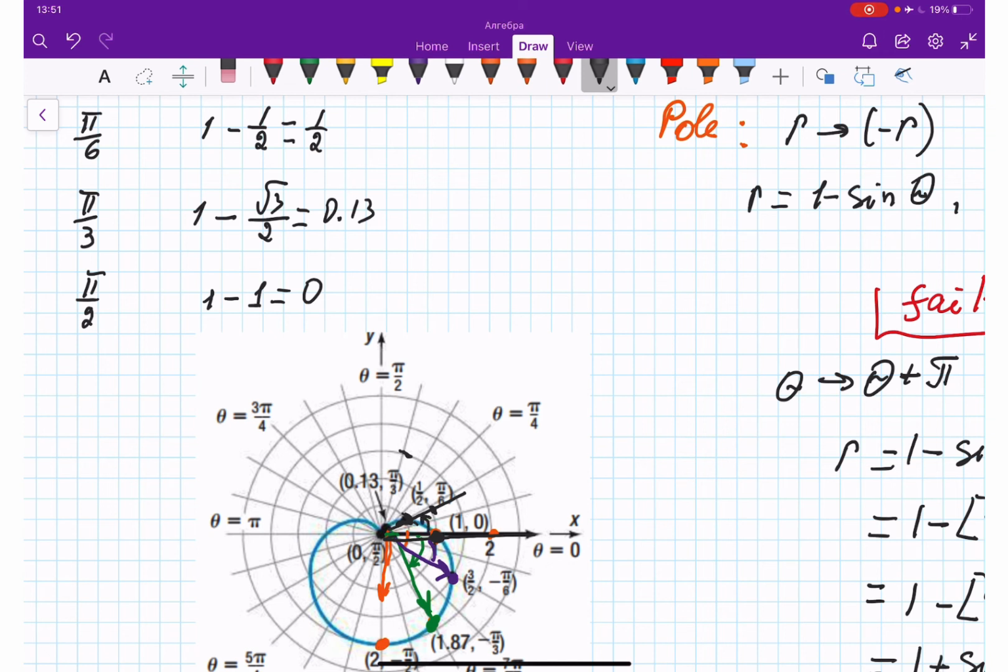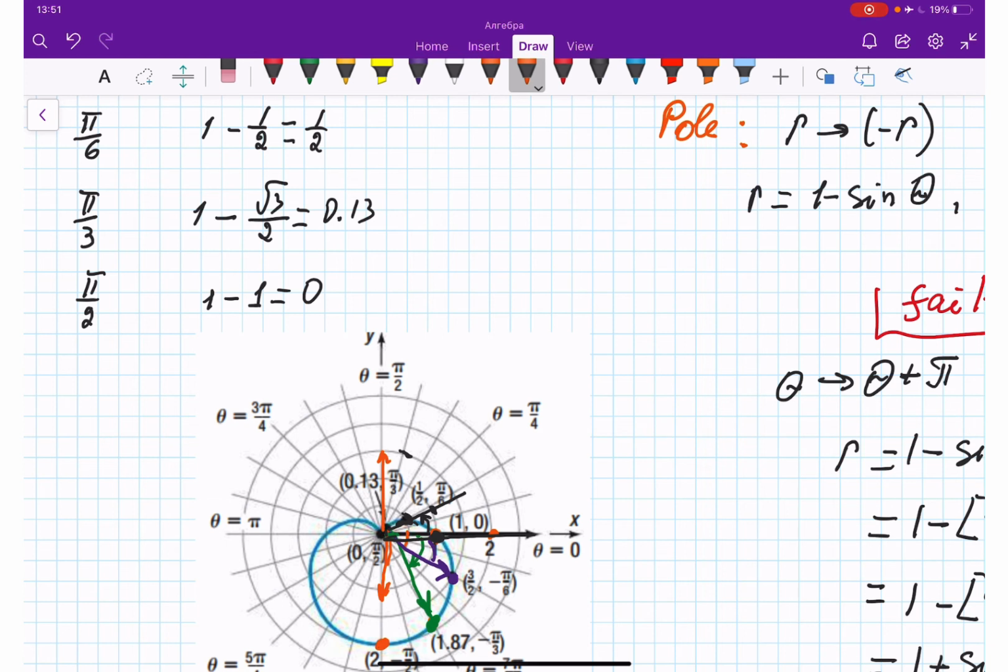Pi over 3 is going to be 0.13. It's getting smaller and smaller, getting to the origin pole, right? And pi over 2, it's 0. So when we have pi over 2, it is 0.